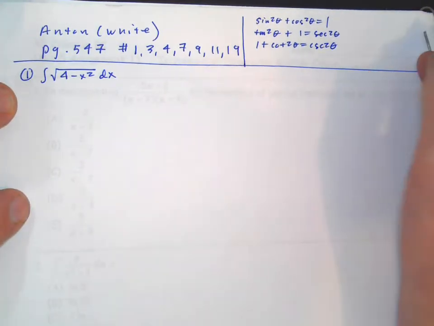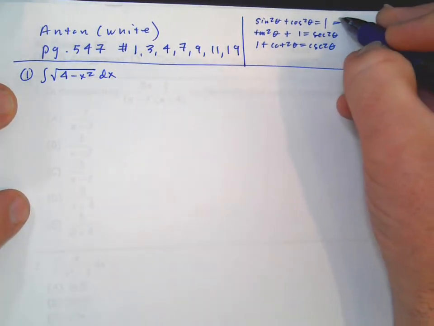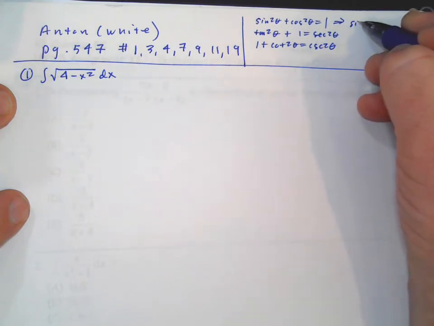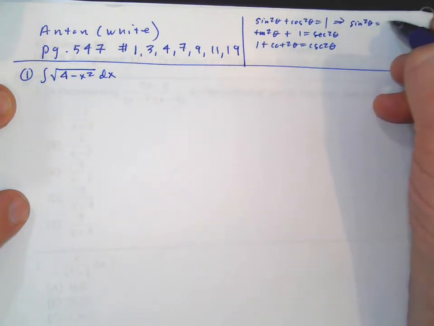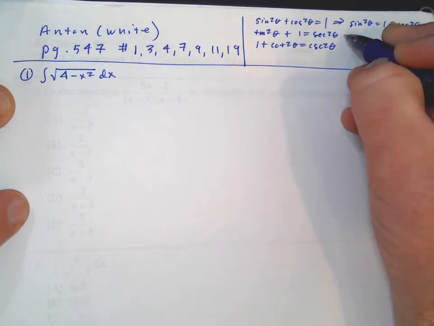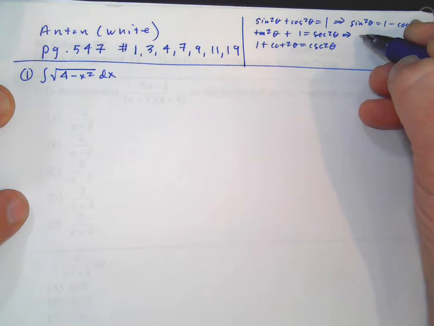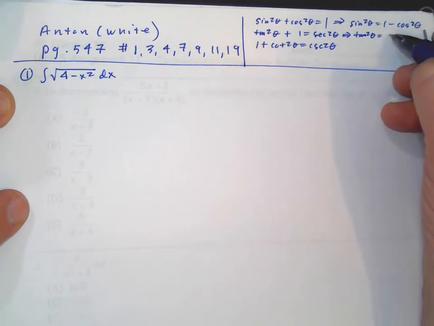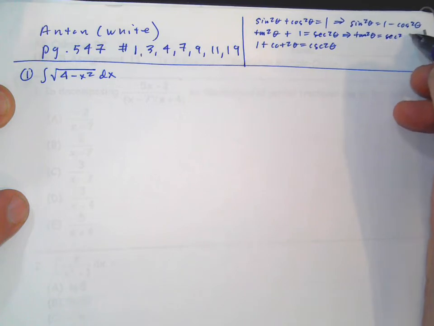And there are some other versions of these, like, we could say that sine squared equals 1 minus cosine squared, or the other way around. You could use that one. We could say tangent squared equals secant squared minus 1.